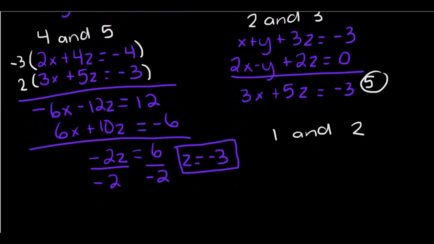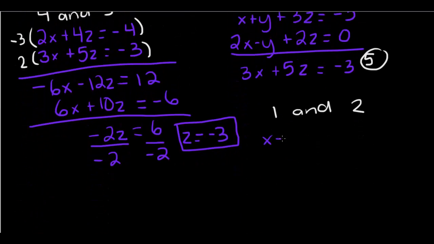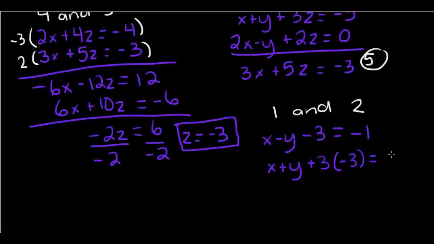So it's going to be x minus y plus z, which is -3, equals -1. And then the second one is going to be x plus y plus 3z, which is -3, equals -3.